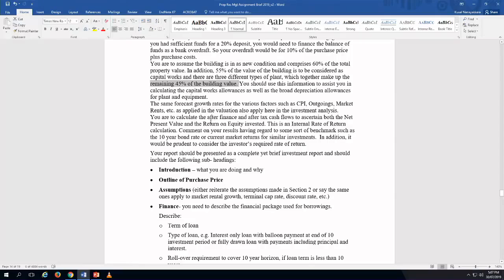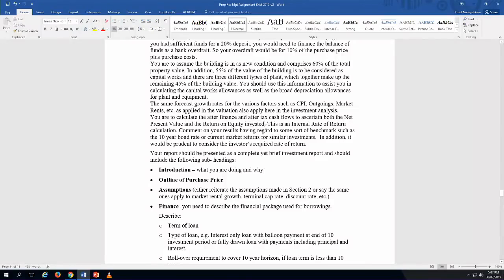You are to calculate the after finance and after tax cash flow to ascertain both the net present value and the return on equity invested. This is not IRR, this is return on equity.